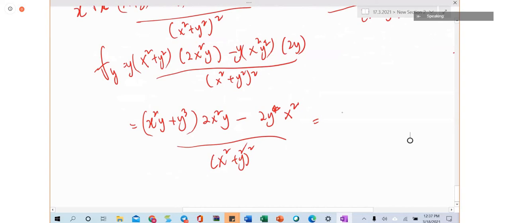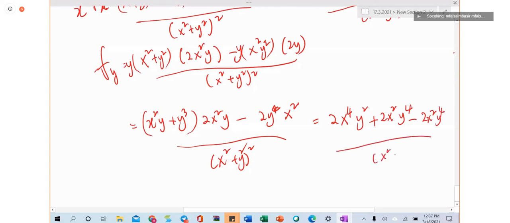So I think I can simplify this. x power 4 y power 2 plus 2x power 2 y power 4, 2x power 2 y power 4. So this can be cancelled. We get 2x power 4 y power 2 over x squared plus y squared squared.